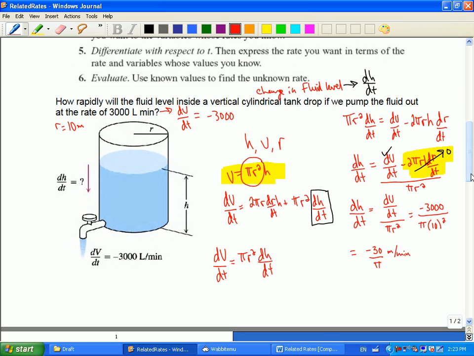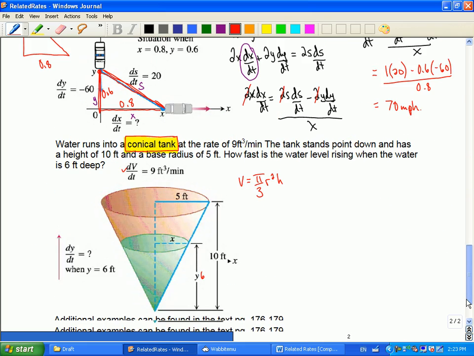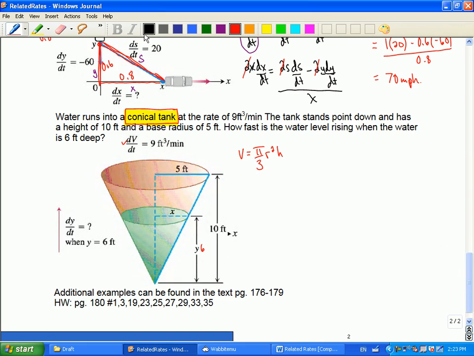If I take a survey at the one we're doing right now, it tells me that when I find this derivative, I'm going to need to know the radius, the height, and I'm also going to need a dr/dt, because that is something that's changing.